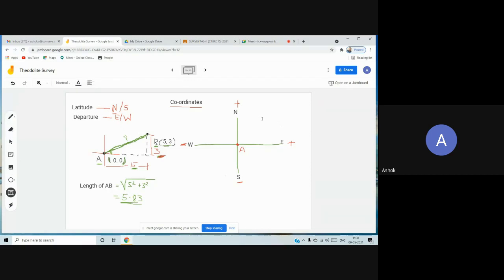Now, suppose in this coordinate, here I'm just designating L as latitude, D as departure.